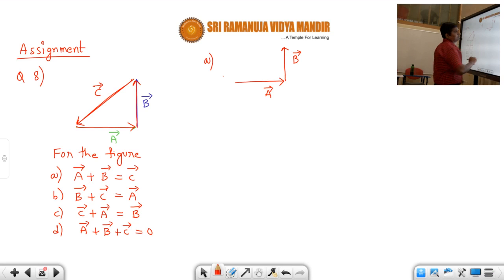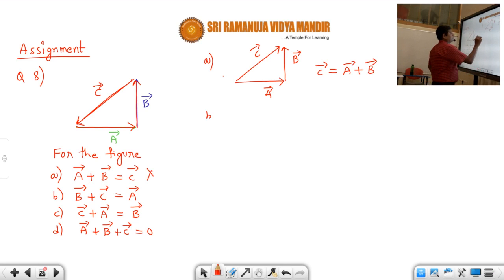Now which side should we draw the resultant vector? As I told you, we should draw like this. If I draw like this, then we can write C bar is equal to A bar plus B bar. But right now it is given in the opposite direction, so this is not correct.